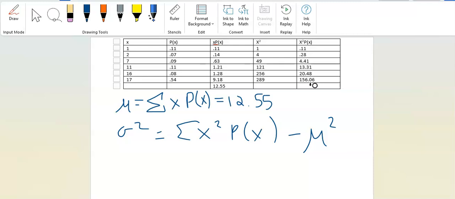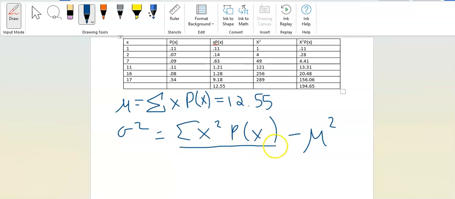And I get 194.65. Let me put that right here. All right, so that is actually the answer to just this part right here.